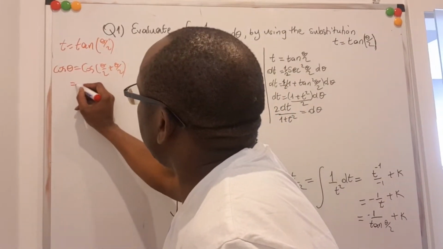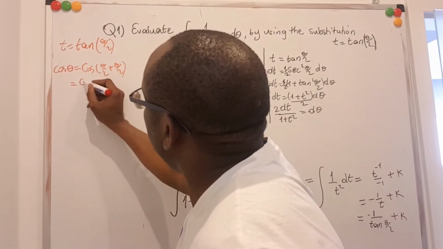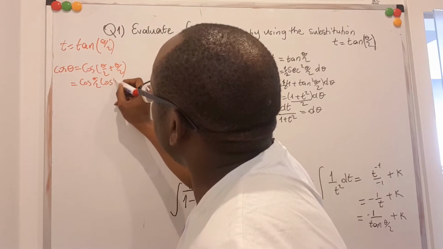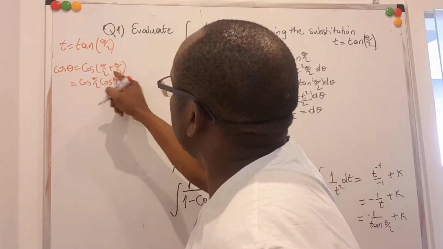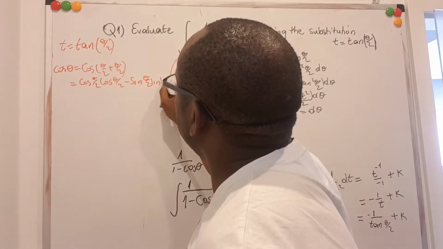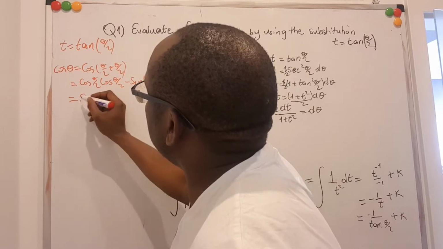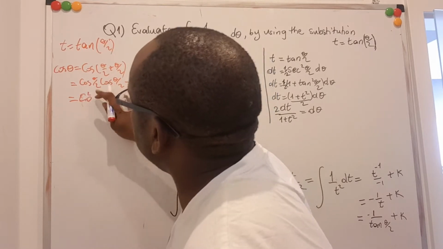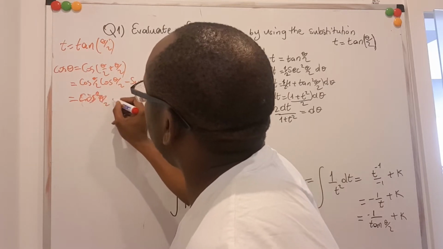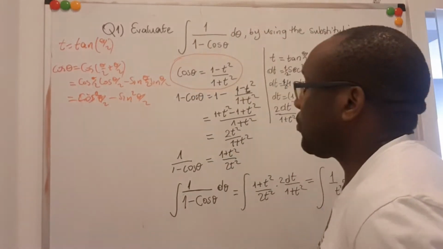Using the trigonometric relationship for half angles, this is cos(theta/2) cos(theta/2) minus sin(theta/2) sin(theta/2). If you arrange this properly, you get cos squared(theta/2) minus sine squared(theta/2).